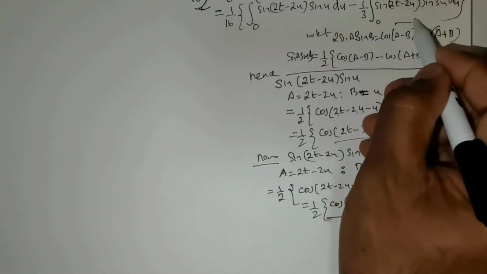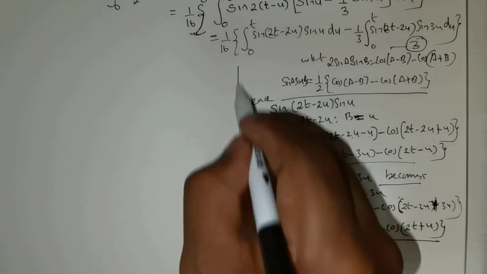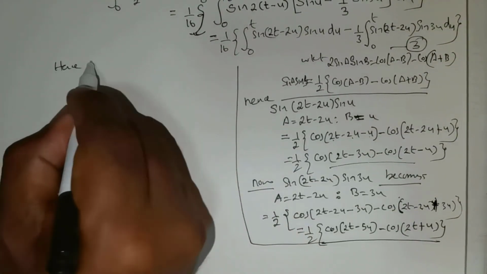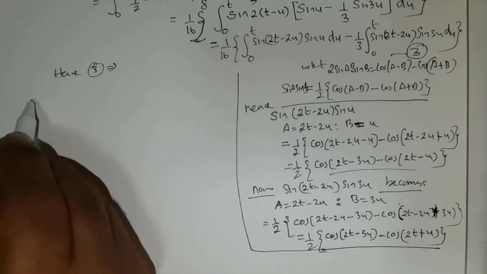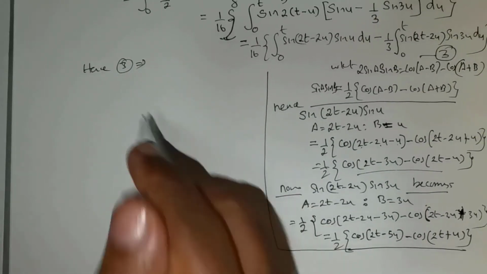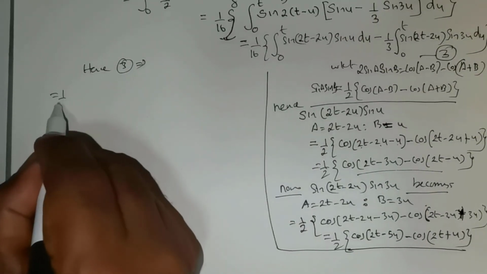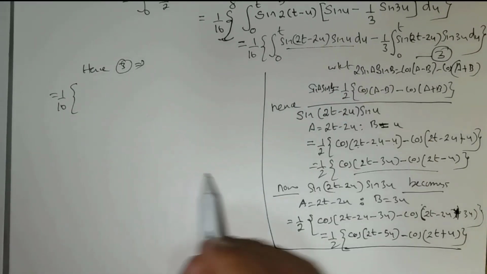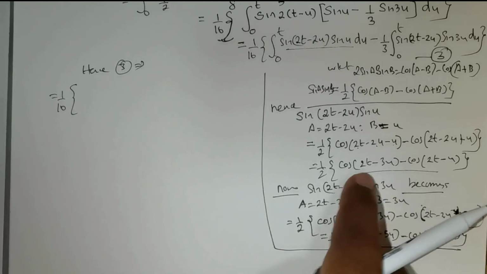So if I were to take this as, say, sum 3, hence 3 becomes, I have to start with 1 over 16. Instead of this I will have to replace this.